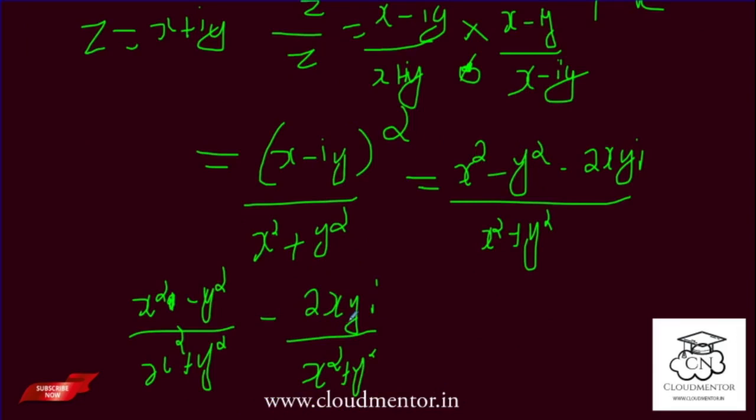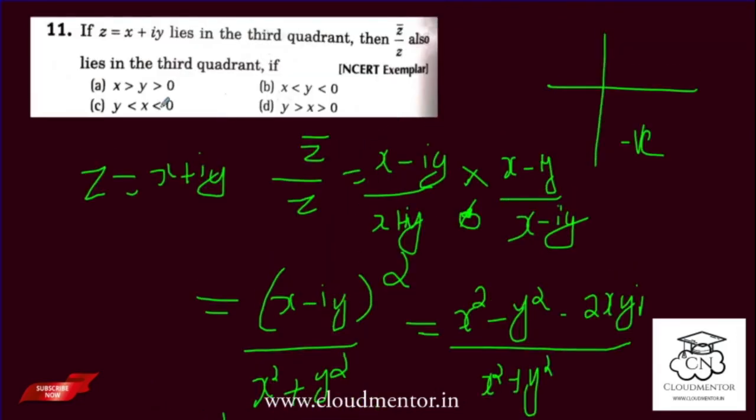If both are negative, then this will be negative. So simply we can say that option B is the right answer. Option B is the right answer. Okay, yes. Now moving to the next question.